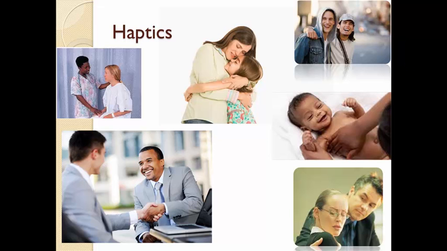Haptics is touch. So look at the different levels of touch we have happening. We have family, intimacy, friendship, professional touch. And professional touch is going to look different based on the profession and based on the context. I have an image of a baby being touched because what they've actually found is that children, if they do not receive physical touch, often do not thrive.